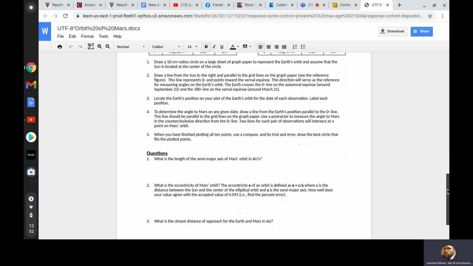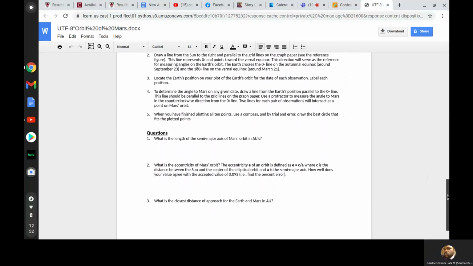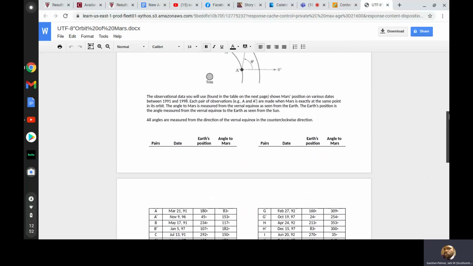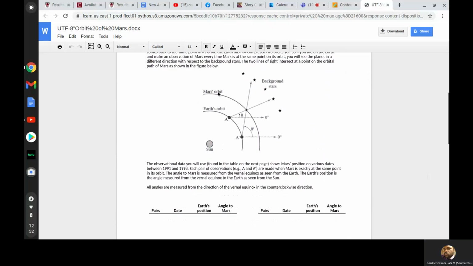And then you've got the questions here. It says, what is the length of the semi-major axis of Mars's orbit in astronomical units? Okay, the way we'll measure this is you will have drawn your Earth's orbit at some diameter, right?